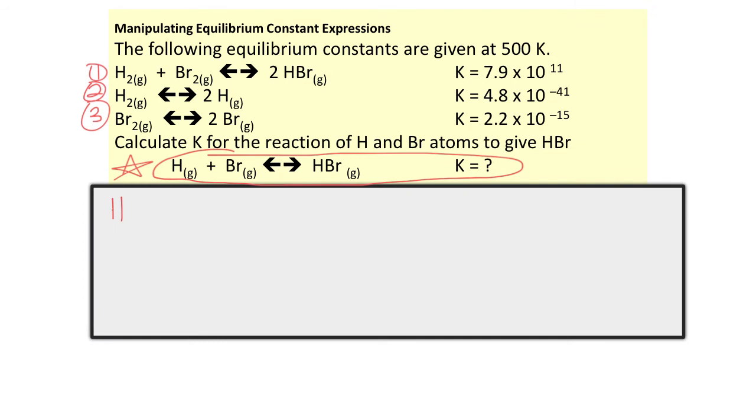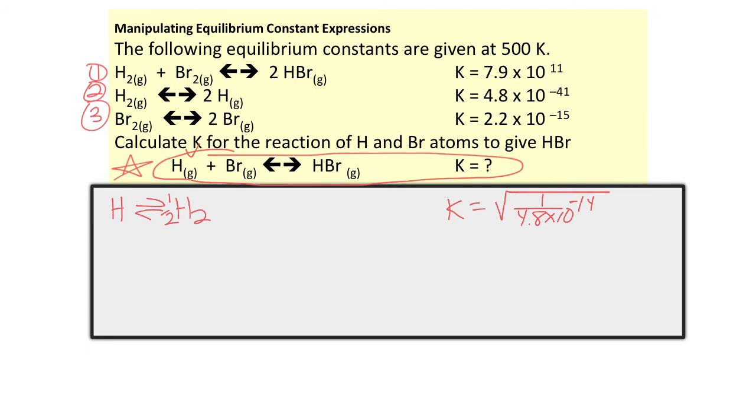So I would do H goes to 1/2 H2. My K for that reaction would be the square root of the reciprocal, because I flipped the reaction, so I have to take the reciprocal, and I changed the coefficients.